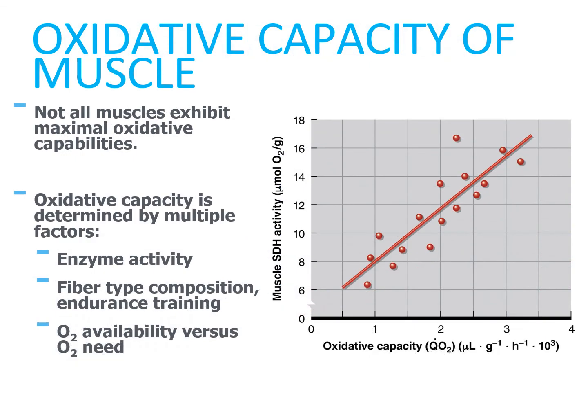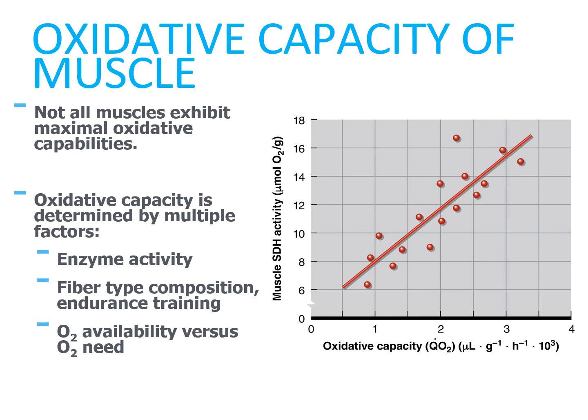And finally, all of our muscles have a different capacity for oxidation. Not all muscles exhibit maximal oxidative capacities. This is because our enzyme activity is going to predict our oxidative potential. We have certain representative enzymes like succinate dehydrogenase and citrate synthase that are going to be our predictors here.